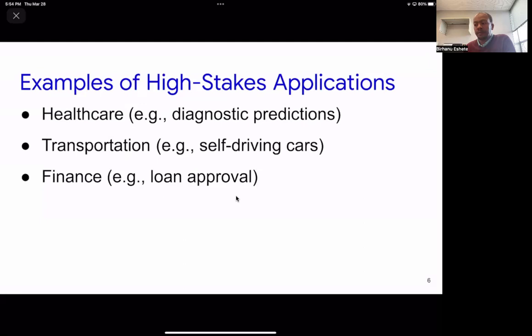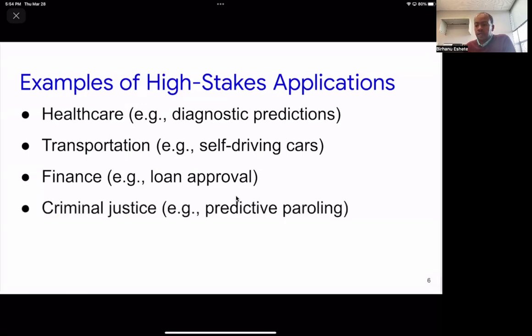Therefore, especially when the decision is not in favor of the customer or the applicant, we want to understand what went into the decision. And maybe this would help the customer to assess their profile or their information and come back and apply again to get the loan approved.